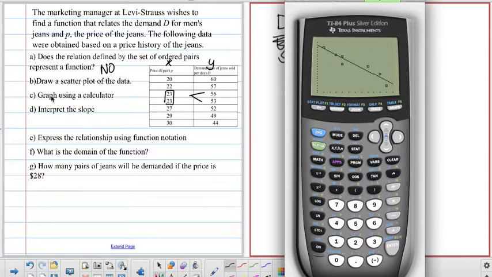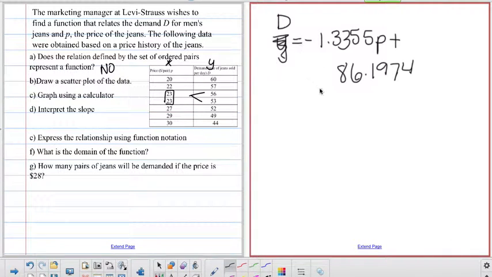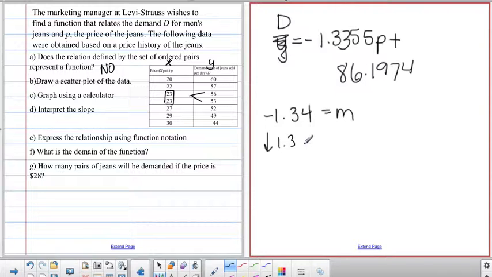So we've got A, B, and C. Now we need to interpret the slope. First of all, we need to know what the slope is. We know that the slope is about negative 1.34. That equals m. What that means is we go down 1.34 and then over 1.